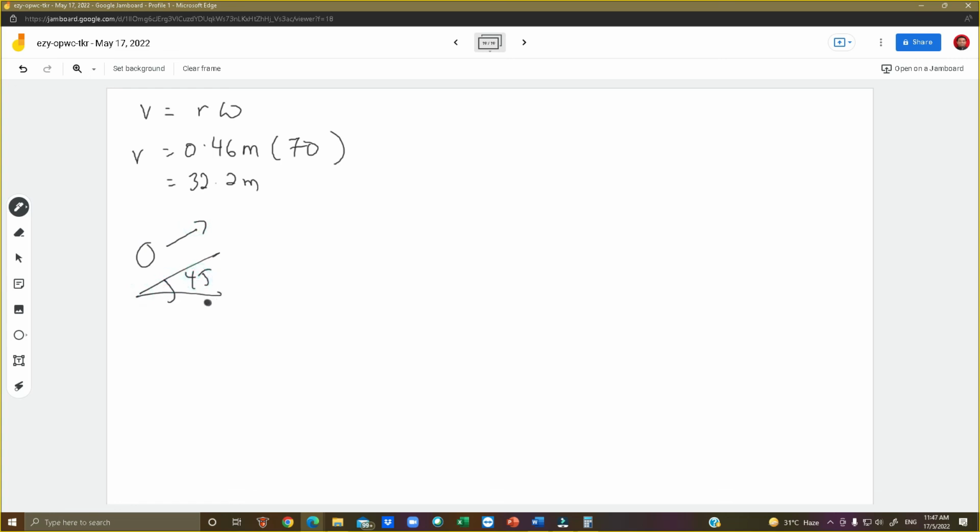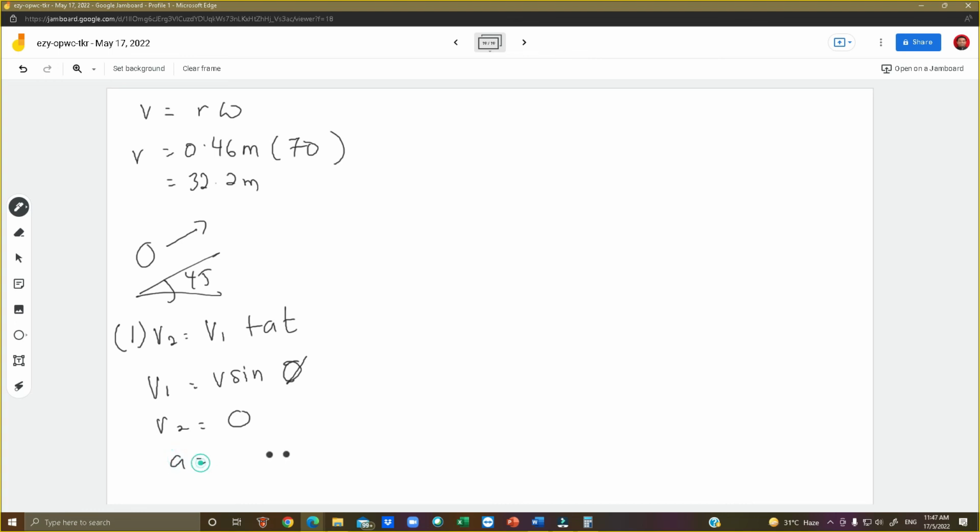Okay, so first, we need to find out time. In order to find time, we will consult equation number 1. V2 equals V1 plus AT, where in this case, V1 equals V sin theta, V2 equals 0.